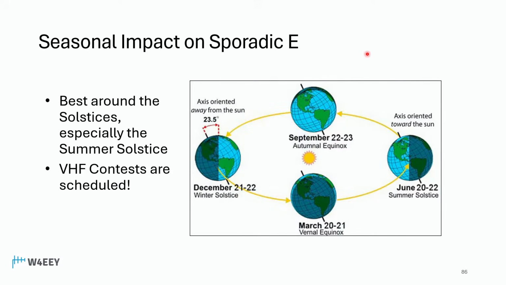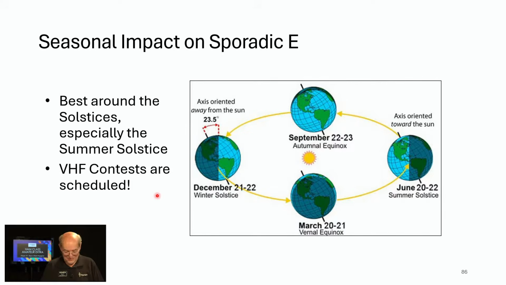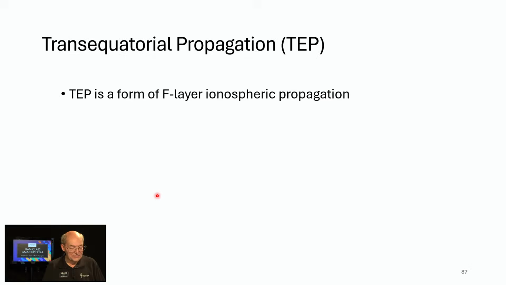Now the Earth tilts during the seasons. We can see a progression: December, September, June, March. Actually, I'm going backwards there. But so the seasonal impact, okay, the sporadic E is best around the solstices, especially summer, when VHF contests are scheduled. Sure, that's not a coincidence.